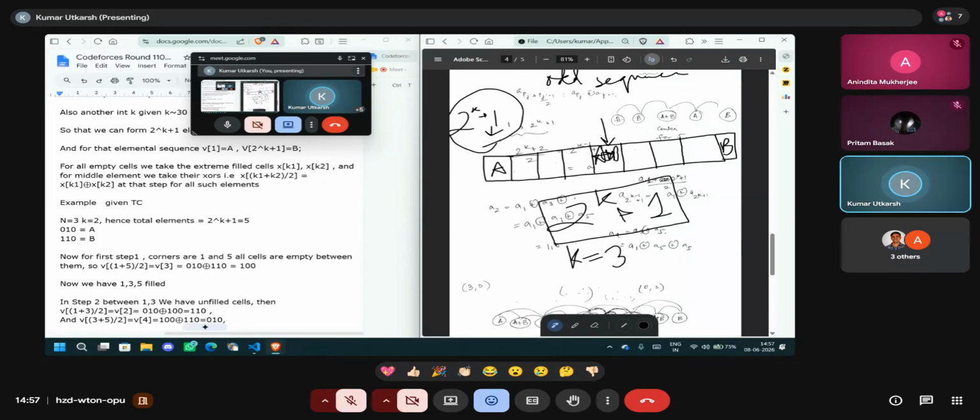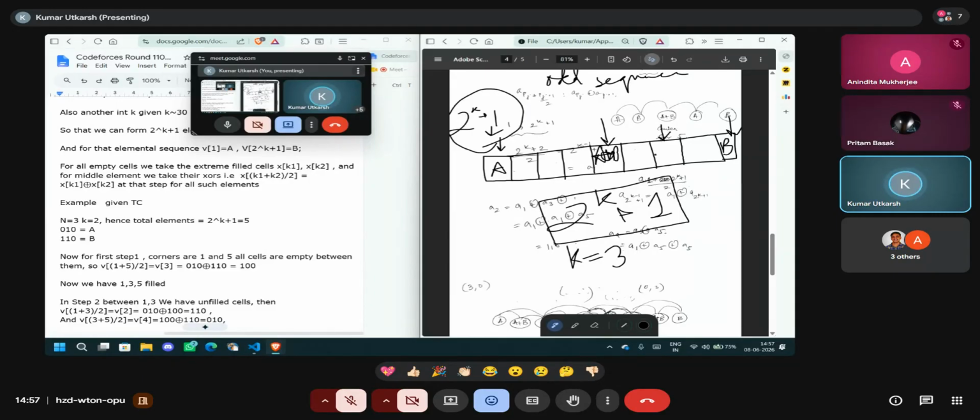Then the question says that in step 2, between all the empty values, for these cells, can you see the extreme ones here? Extreme ones here are A XOR B and B itself, right? So this is the center.